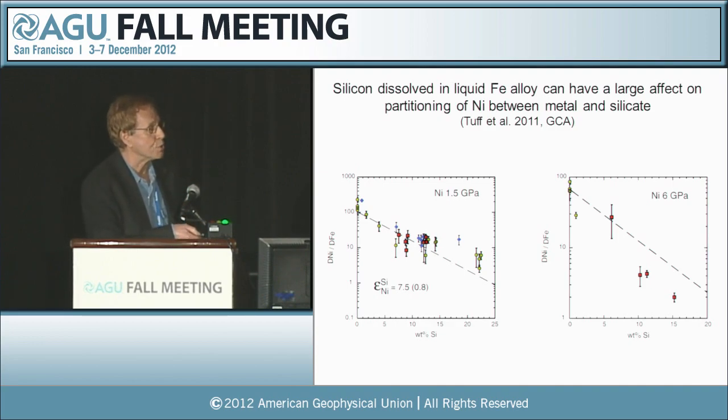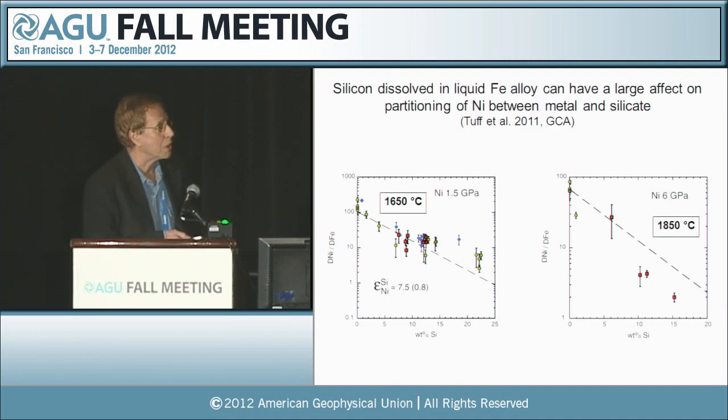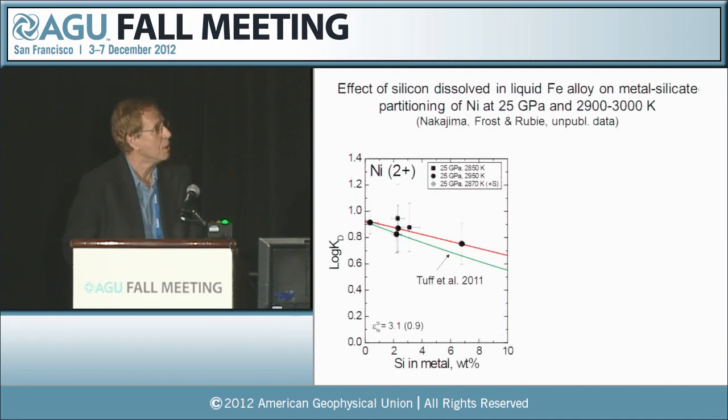And here are some results for 6 GPa, which also show a very dramatic effect. So these results were obtained at rather moderate temperatures in terms of what's likely for core formation. So the question is, if we extrapolate to much higher temperatures, do we get the right result? So we've been doing experiments at temperatures approaching 3,000 Kelvin in the multi-anvil.